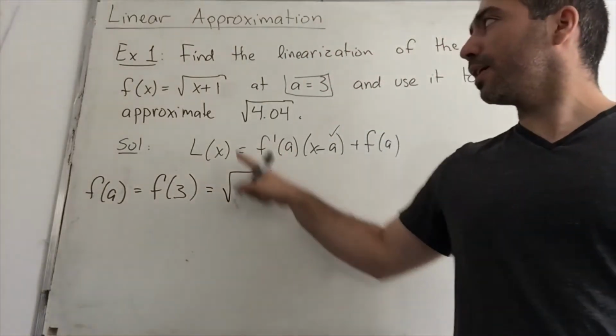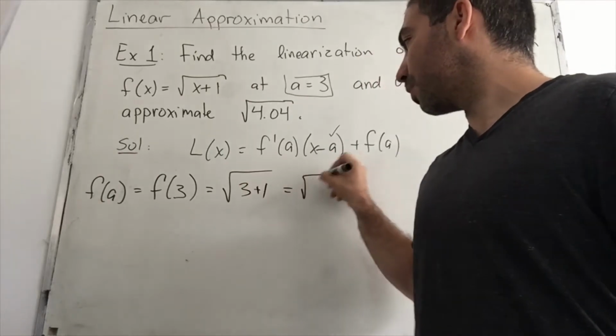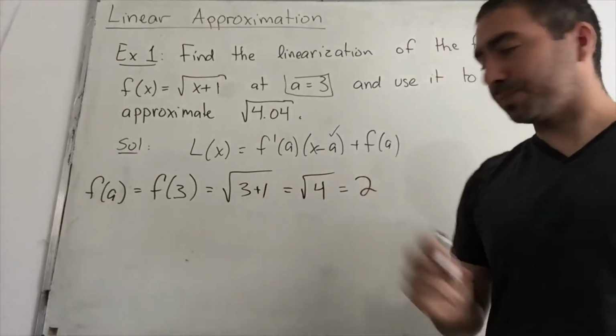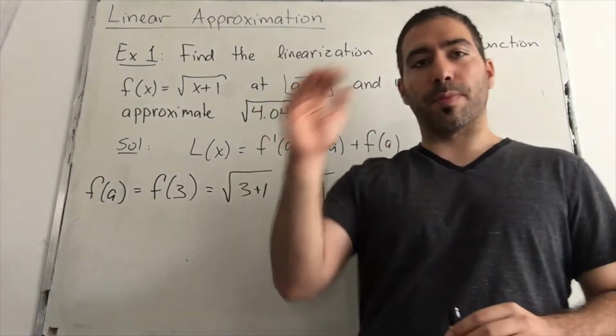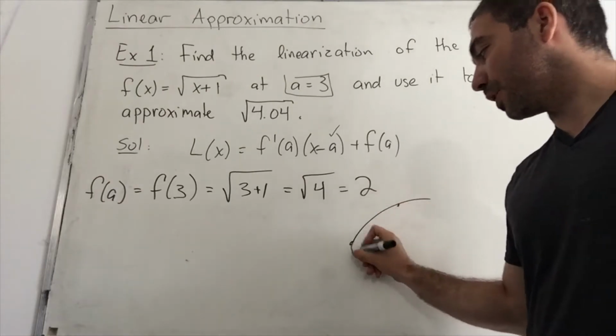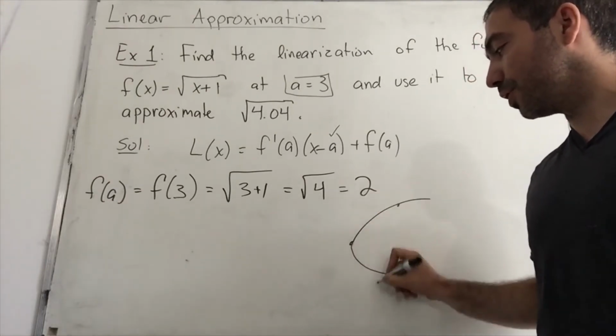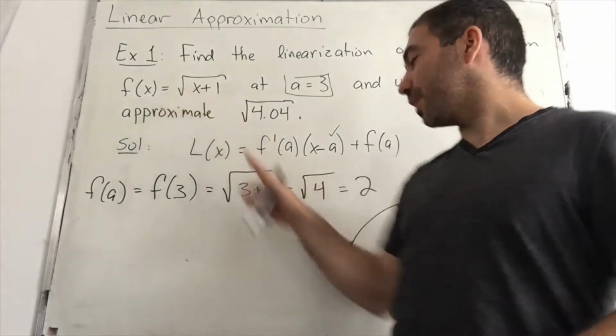So instead of writing x, we substitute 3, so 3 plus 1, giving us square root of 4, which gives us 2. We're using the square root function, so it's not plus or minus 2. We're just using the top half. So the square root function looks like this, so it's just positive 2. There's actually the negative value, but then it's no longer a function, so you have to take either the bottom half or the top half. Since it's positive in front, we're taking the top half.